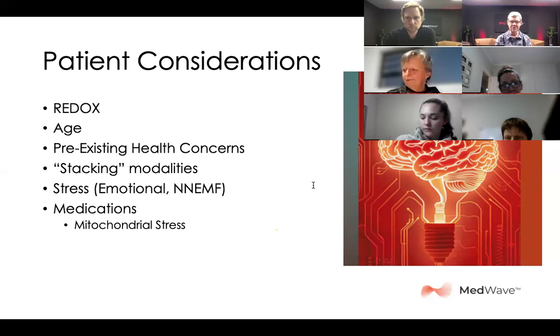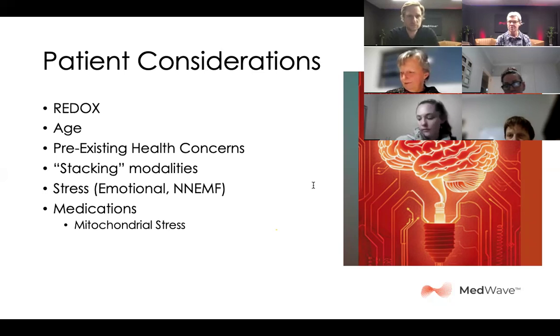And then there's the issue of stress, whether it's mental and emotional stress, or stress coming from other influences, like the huge array of what we call non-native or non-natural electromagnetic fields that are out there.